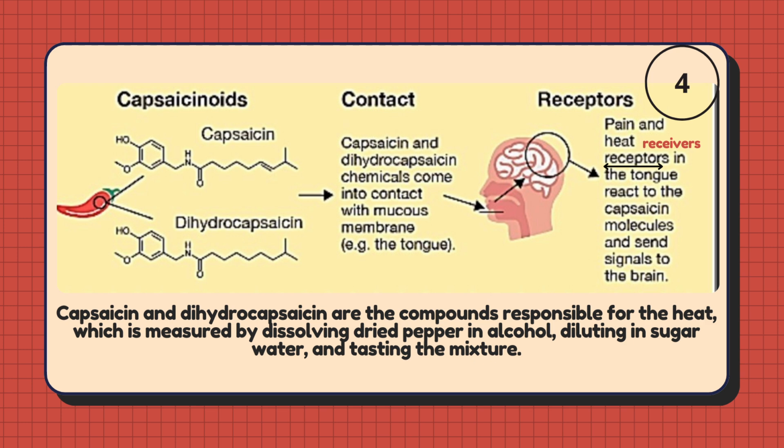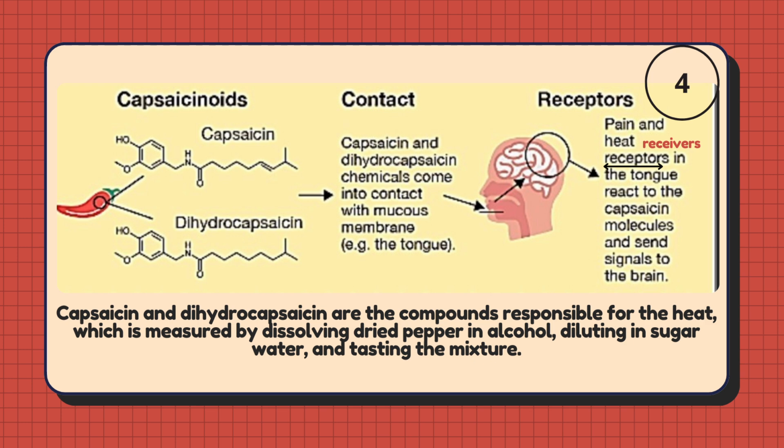And the fourth part of the text is actually kind of scientific, right? Sometimes if you look at this part, you can find pictures which can really help you to understand the whole text. So the first part is the capsaicinoids, and obviously you have another, which is the dihydrocapsaicin.